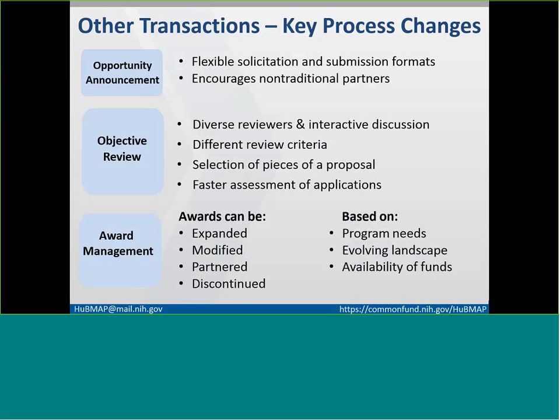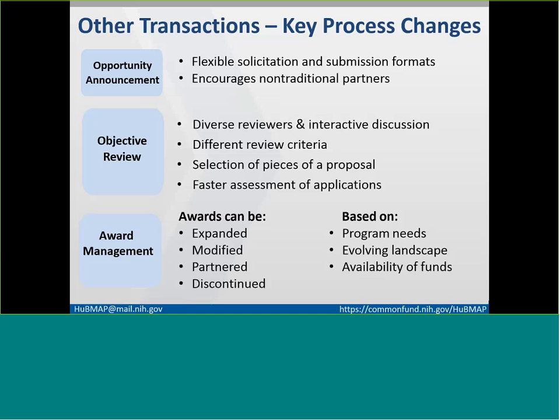So some of the key differences between other transactions versus other kinds of announcements: there's more flexibility in how we solicit applications and the submission format, and we'll talk a little bit more about that next. It also encourages non-traditional partners to submit applications. And so we try to make the announcements as flexible as possible and really targeted towards what we're specifically looking for.